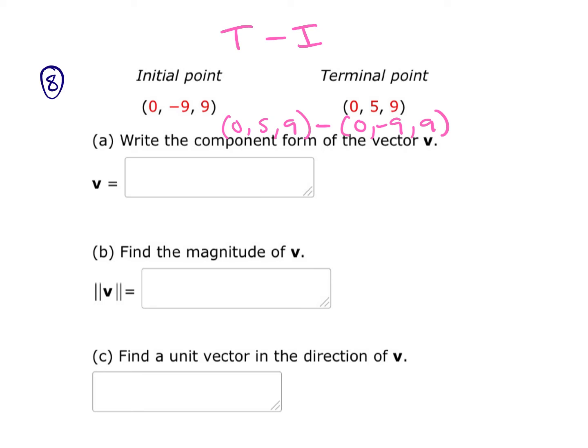Does it have the parentheses? It has the arrow brackets. So 0 minus 0 is 0. 5 minus negative 9 would be 14. And then 9 minus 9 is 0. So that's our component form.